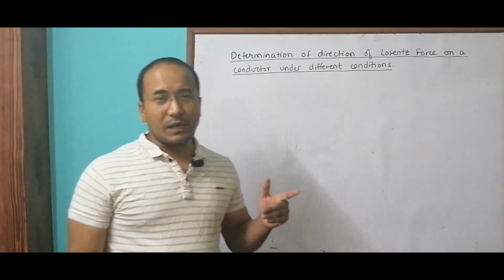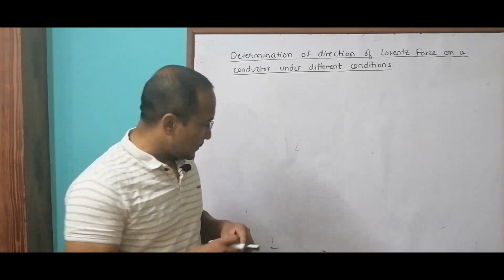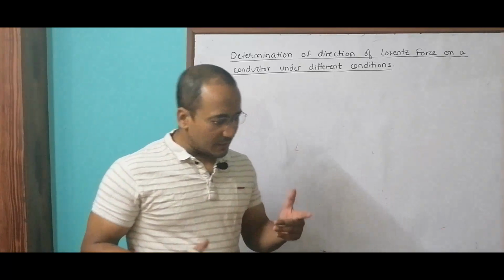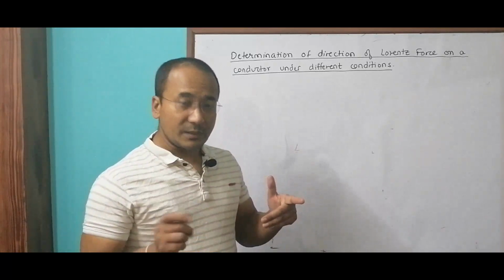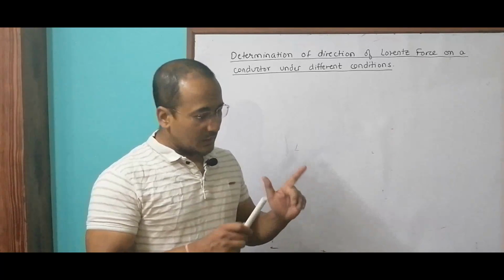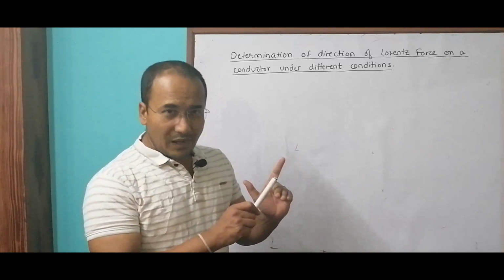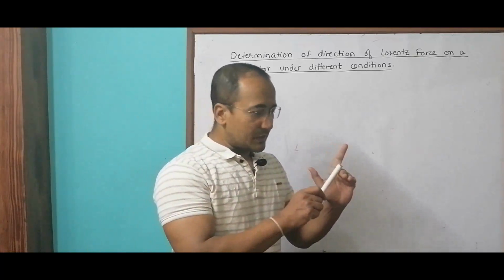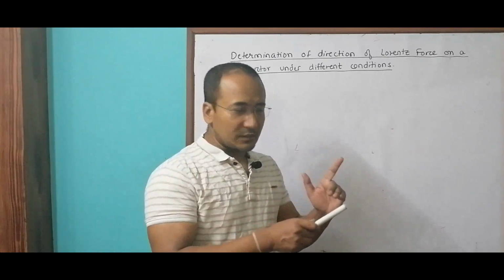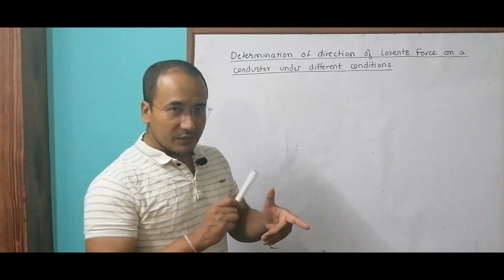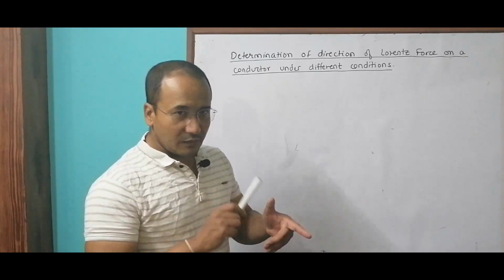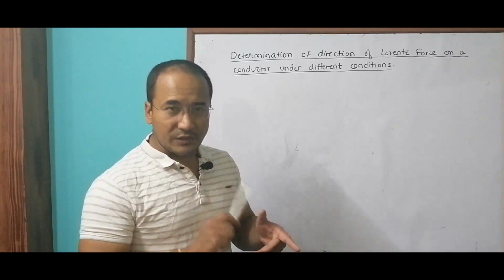If the direction of the magnetic field is represented by the index finger, and the positive current in the wire by the middle finger, then the direction of the thumb gives the direction of the Lorentz force generated.